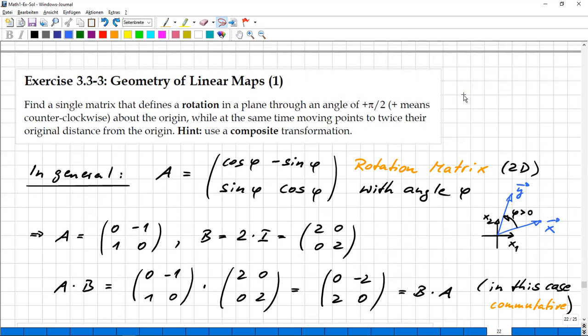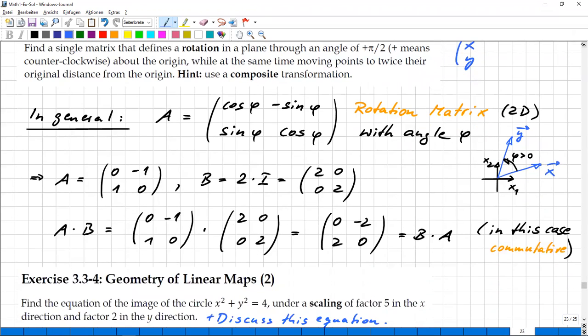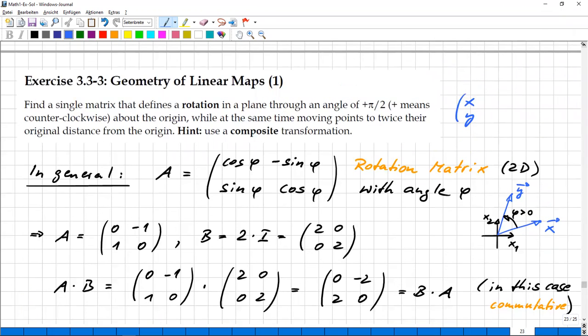What I want to say is the following. If you imagine a 2D vector with components x, y, okay? So just test it, because in this exercise, it's just about building this matrix. I want to extend it a little bit now for demonstration purposes. If I take this matrix 0, minus 1, 1, 0, and apply it to any vector x, y, what do I get?